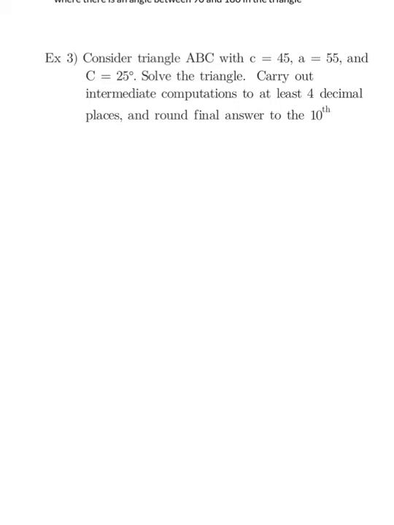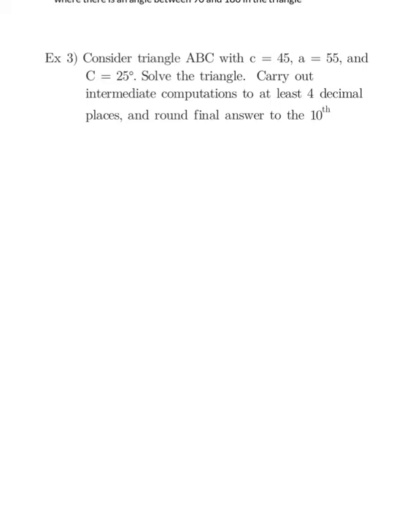When you look at our given information, we do have the pair of side C and angle C. And then we are given side A. So what this is going to require is that we must try to find angle A first because of the pairings that we have.